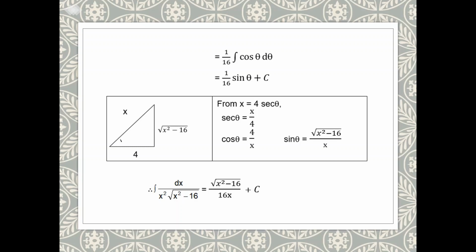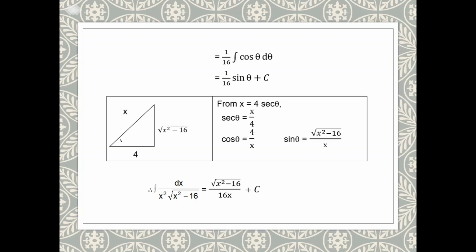See that our earlier substitution was x equal to 4 secant theta, in which secant theta is equal to x over 4. Thus, cos theta is given by 4 over x. We know that cos is equal to adjacent over hypotenuse. Representing this in right angle triangle, adjacent is equal to 4 and hypotenuse is x.